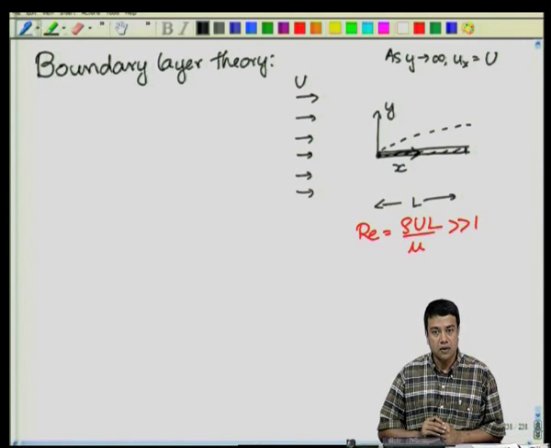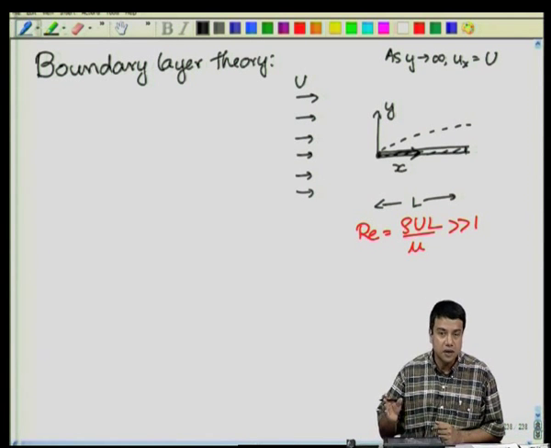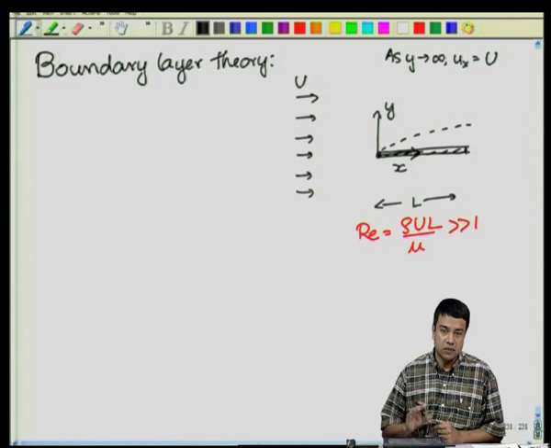Also, this is a high Reynolds number flow. There is momentum convection downstream and diffusion from the surface. Therefore, before the fluid hits the plate itself, the fluid does not feel the plate because the plate is downstream. The only way that the fluid upstream of the plate can feel the plate is if there is diffusion of momentum in the streamwise direction. However, we have assumed that in the streamwise direction, convection is large compared to diffusion.